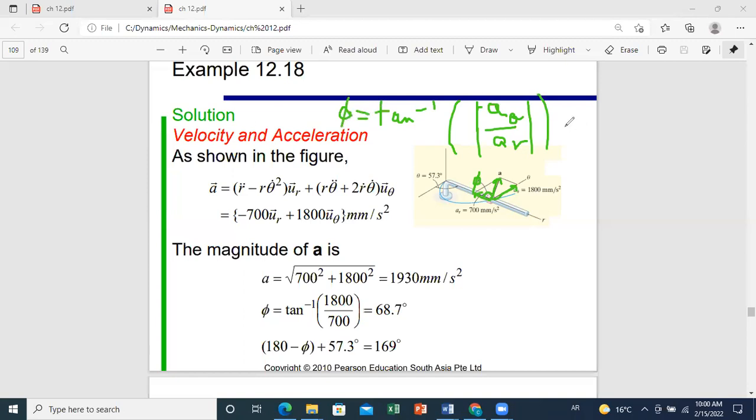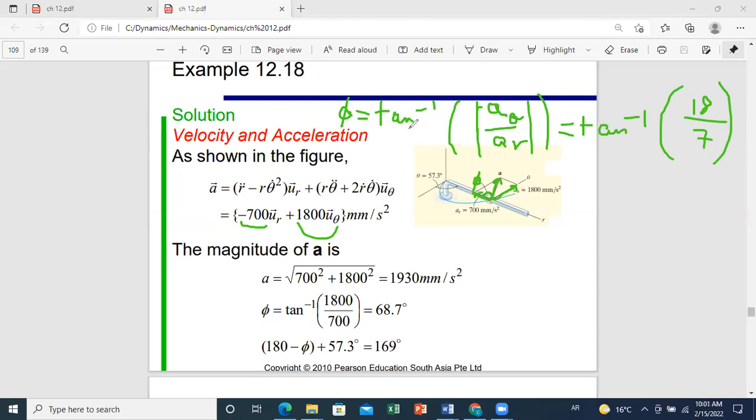So phi is equal to tan^-1 of A_theta, here is 1,800, and A_r is minus 700. But since I'm interested in the absolute value, I will just take 18 over 7. So this will allow me to calculate my angle phi.